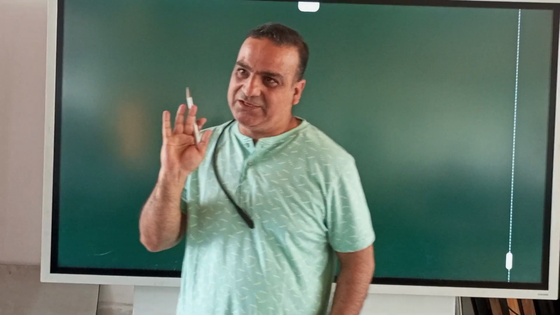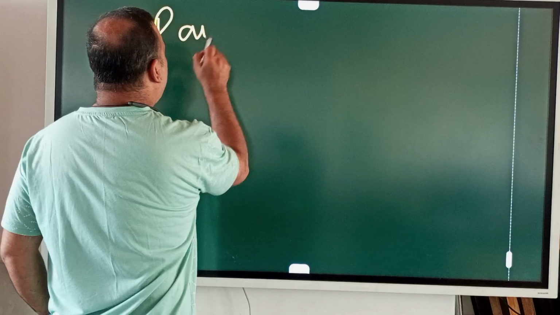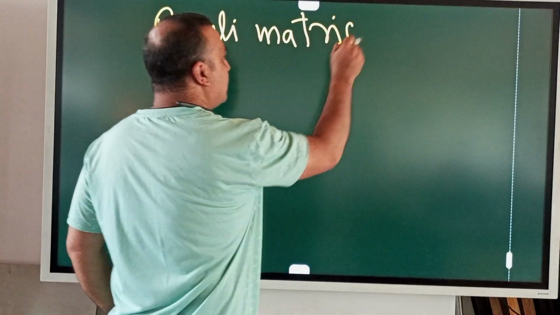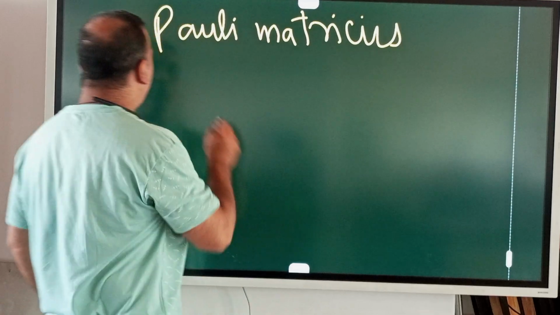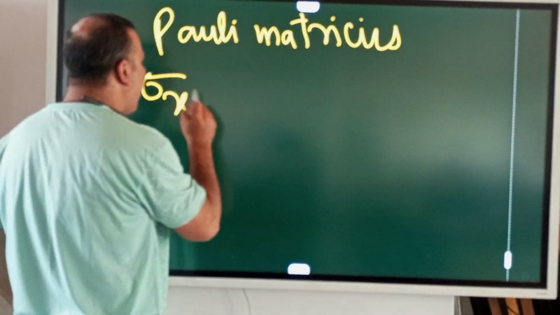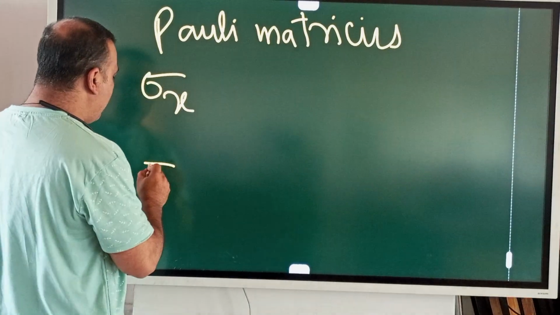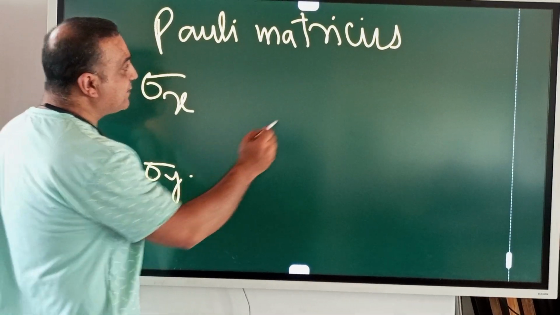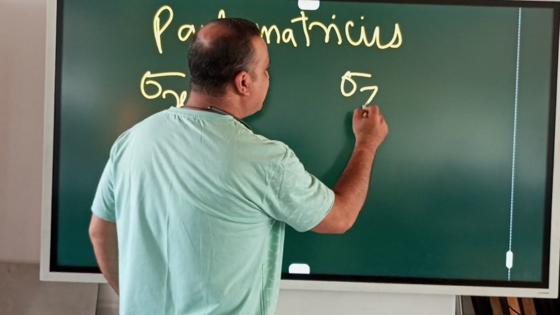Okay. So we're going to talk about the properties of these matrices. Let me write down the Pauli matrices. Number one is sigma x, number two is sigma y, and number three is sigma z.